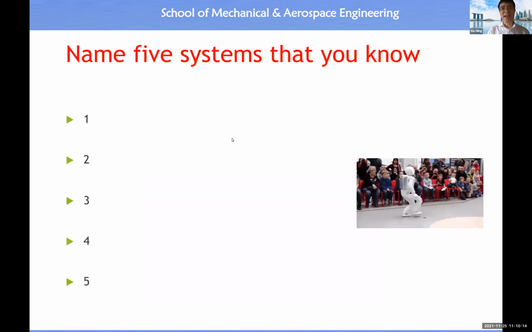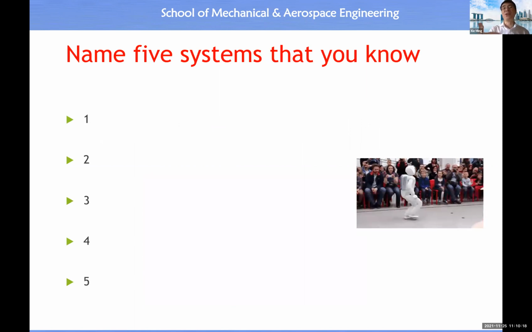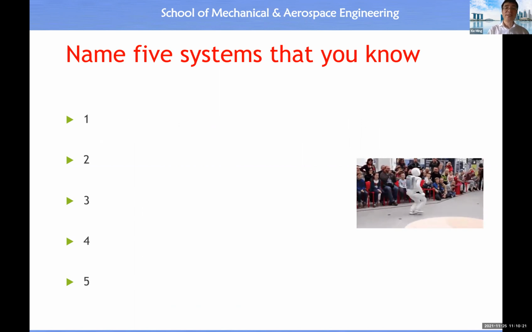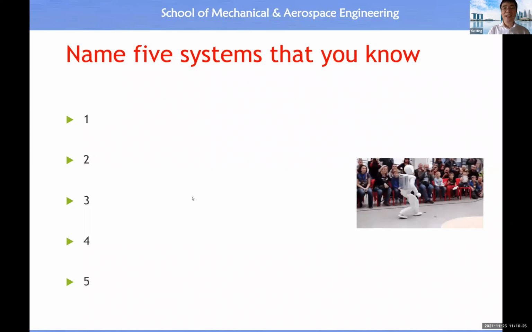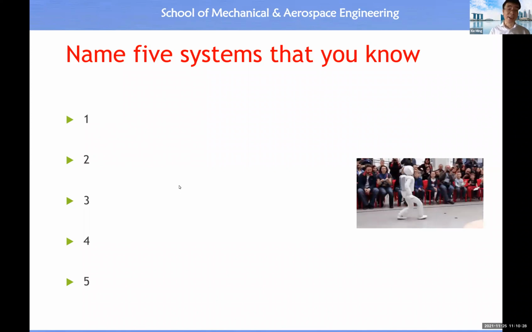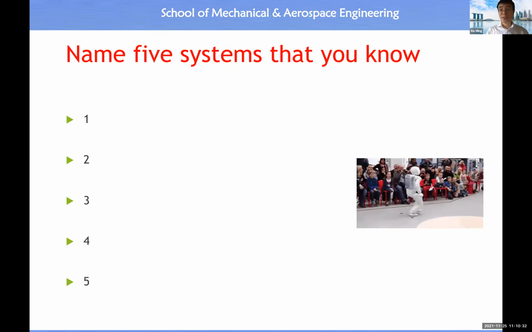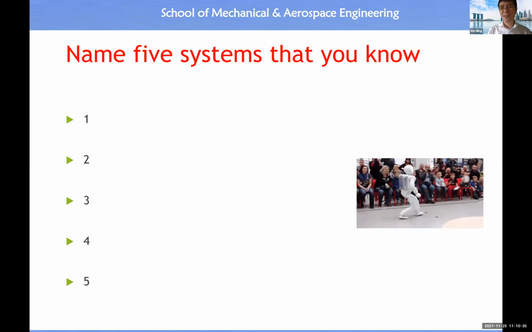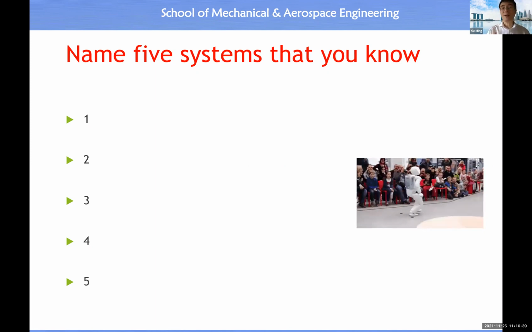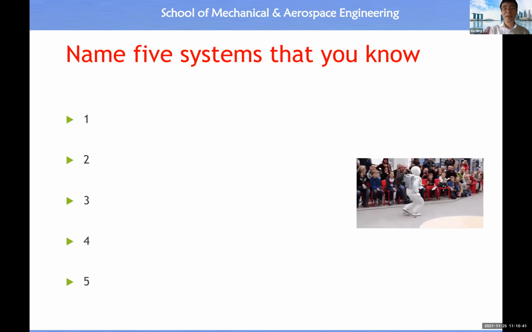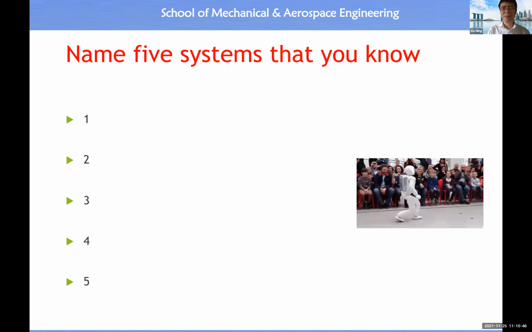Now start to think about, let's say, 5 systems that are familiar to you. As a student, immediately you know there is an educational system, and there must be a transportation system. Otherwise, when you come to the campus of the university, you have to come by foot, by walking, if there is no transportation system, all right?